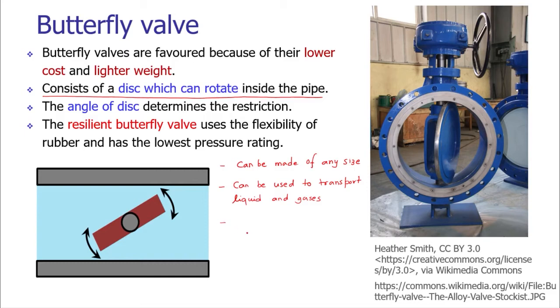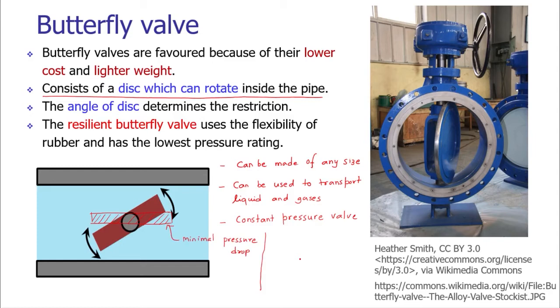One important characteristic of the butterfly valve is that there is a constant pressure drop. Although we will be holding the disc in a direction parallel to the walls of the pipe, there would still be a pressure drop. There is a constant pressure drop in case of the butterfly valve, but in this case, the pressure drop would be minimal.